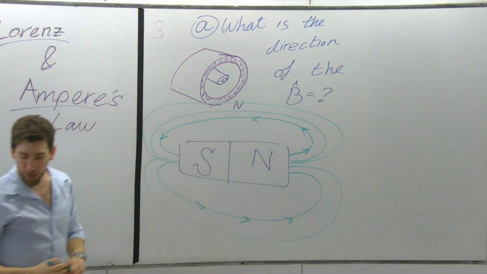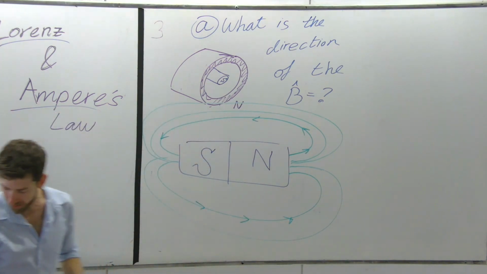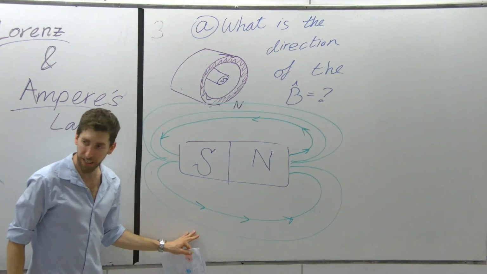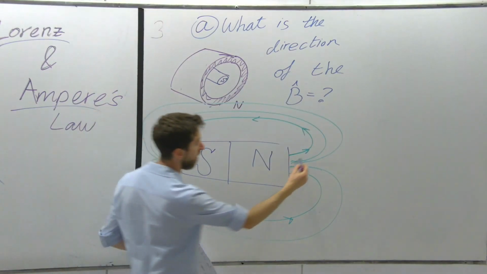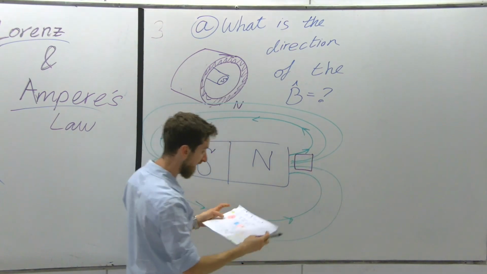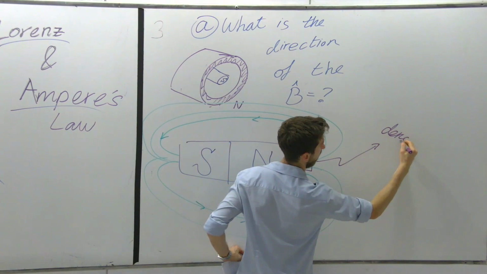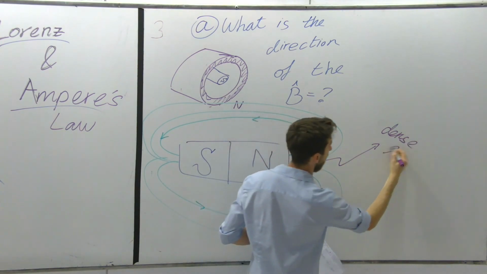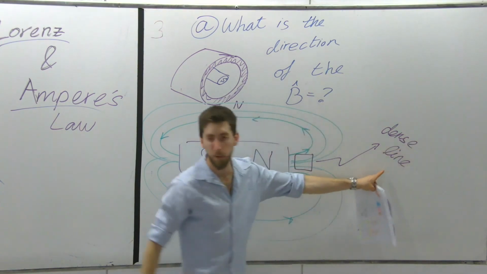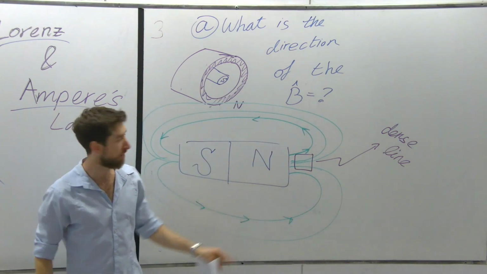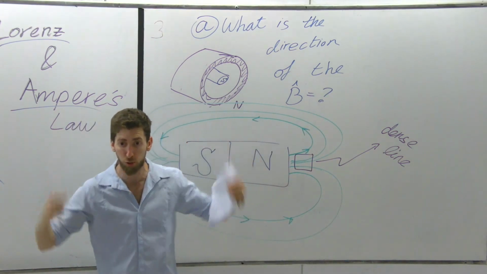And what I really want you to notice is how dense the lines are. For example, you see here that the lines are really dense. And what does that mean? Remember, we had that also in the electric field. That means that the field is really strong, right?